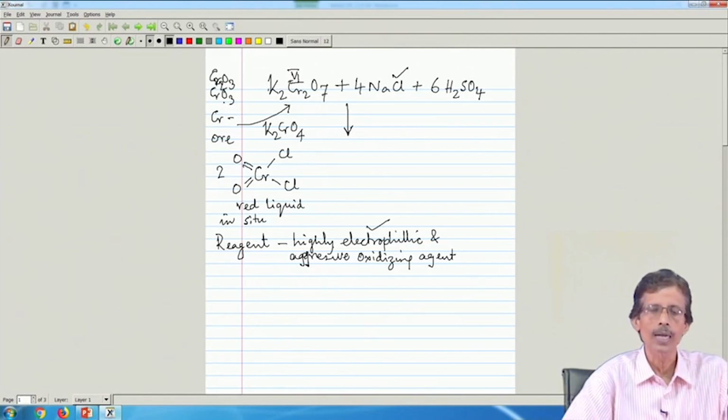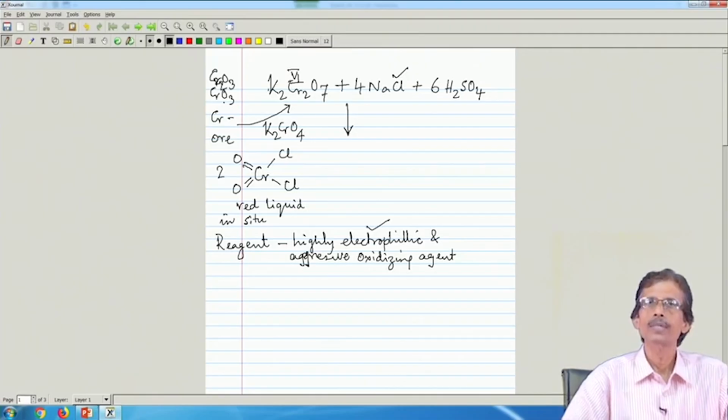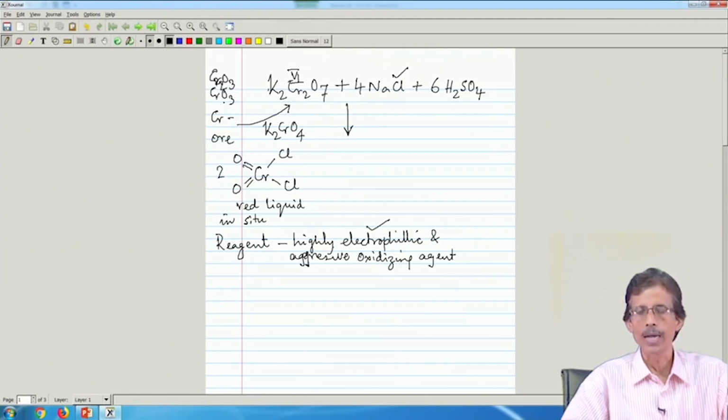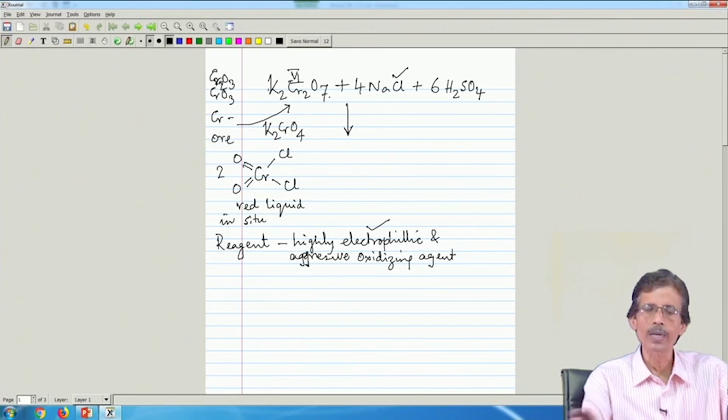As we all know, the different metal ions available in the earth crust or the earth mantle, as we saw in our previous class, are available as typical oxides, and how we convert them to some useful compounds. So, this potassium chromate and potassium dichromate will be your useful materials.